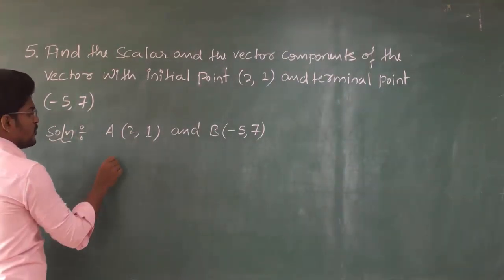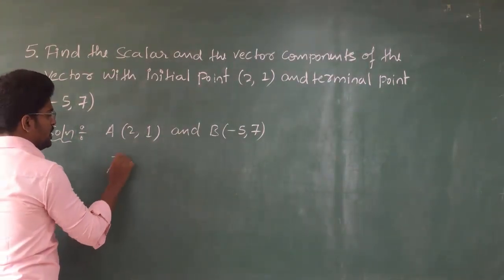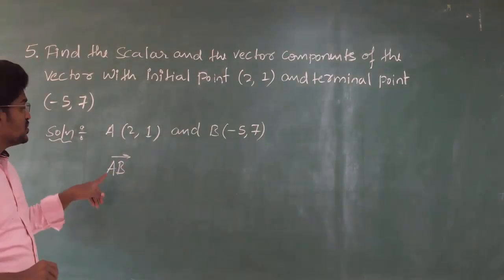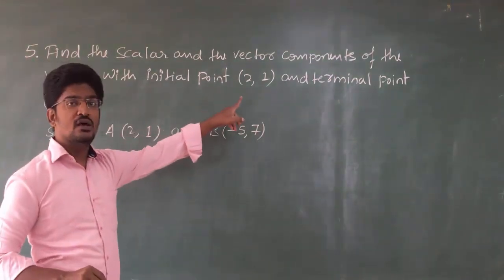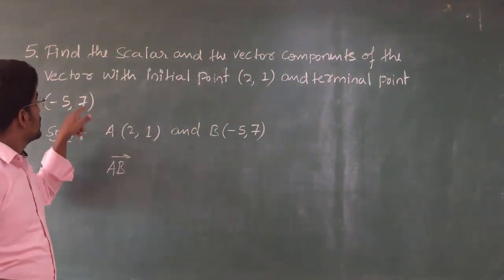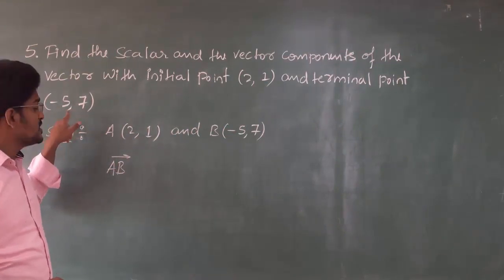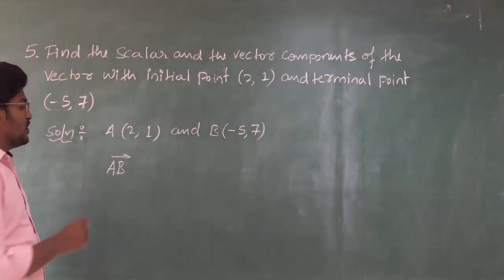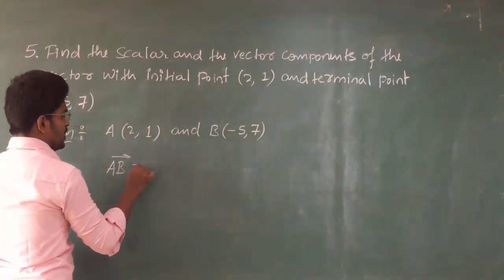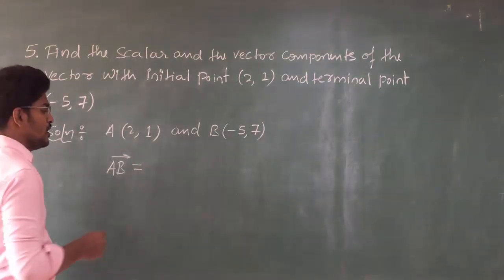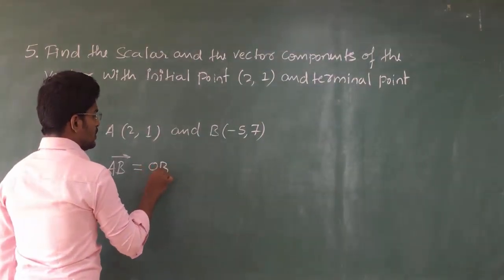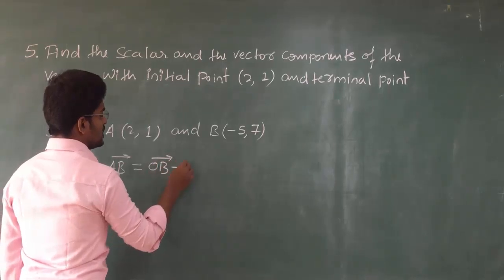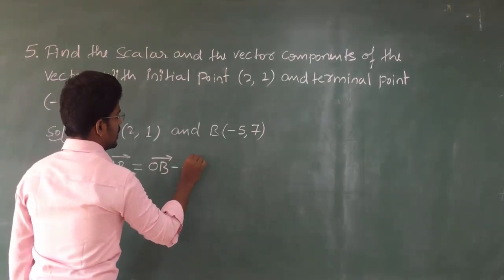So now you have to find vector AB. That means the initial point is 2, 1, that is point A. The terminal point is minus 5, 7, that's point B. You have to calculate vector AB with the formula vector OB minus vector OA.